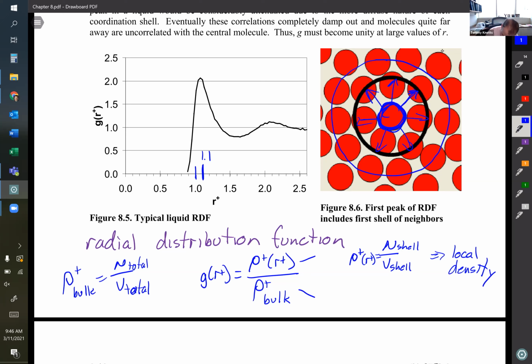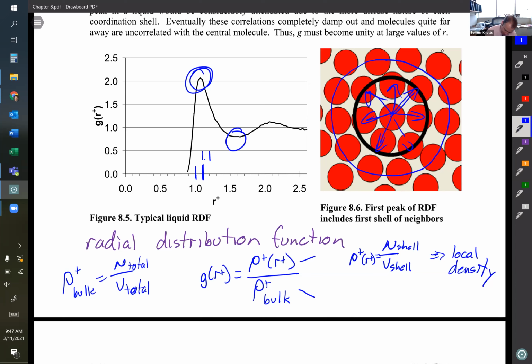But you'll see in this first shell especially, and maybe even the second shell, there's a very high likelihood that particles are about 1 molecular diameter away. And that's why this goes so high up, right around 1. It's more likely for a particle to be 1 molecular diameter away than it is to be 1.5 molecular diameters away.